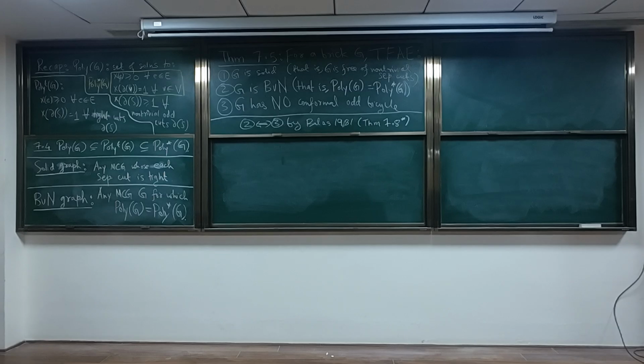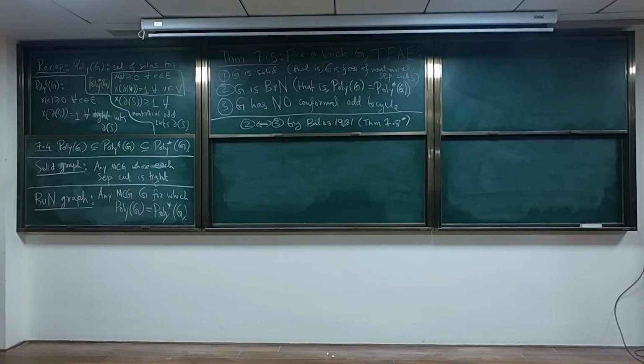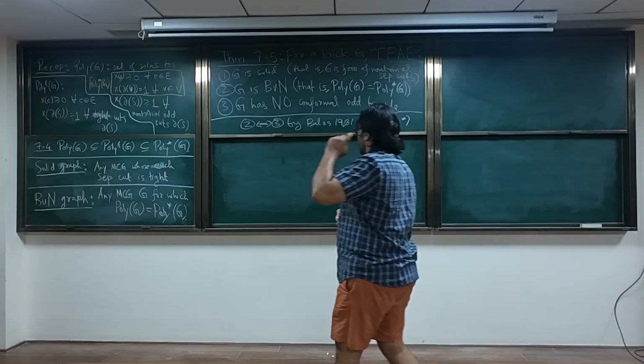which basically means that if your perfect matching polytope is indeed a proper subset of the fractional perfect matching polytope, then that is precisely because there is an odd conformal bicycle in the graph, right? And vice versa. One direction is of course easy.